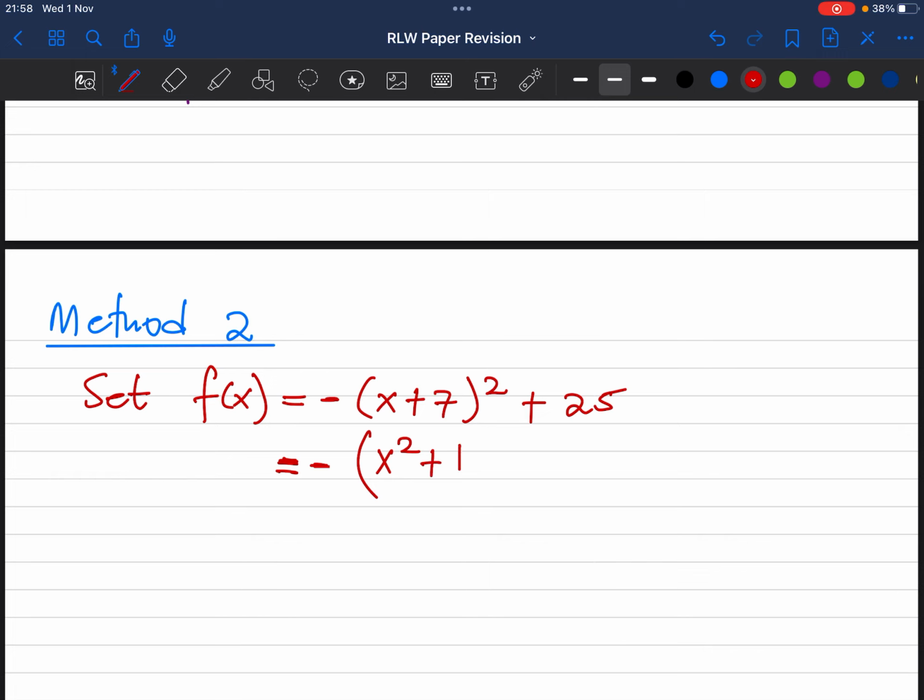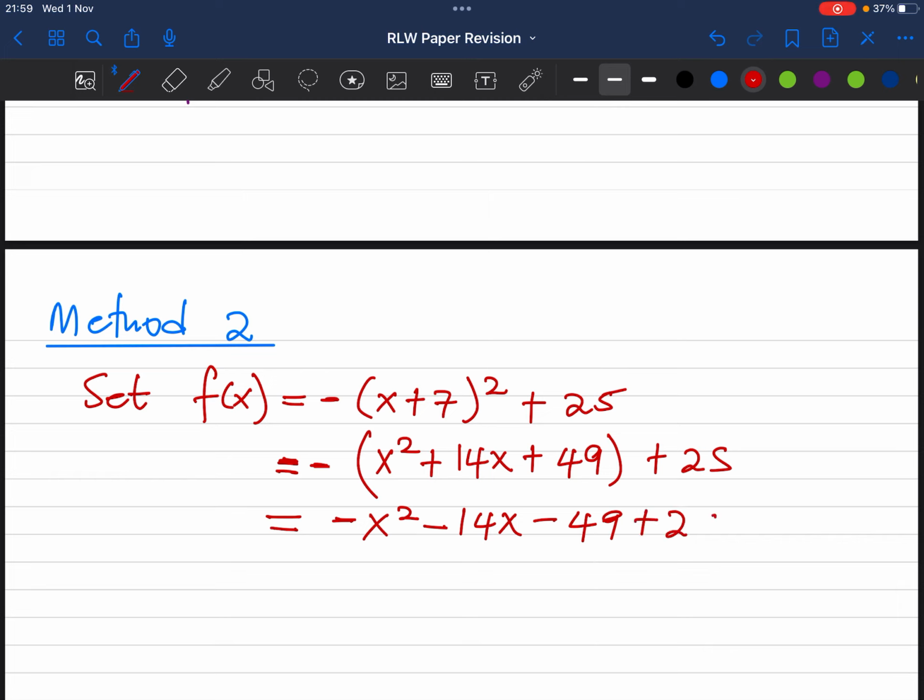That's 14x. Then you square the last term, which is 7 squared, which is 49, then plus 25 there. If we proceed, we will distribute this negative. We will have negative x squared minus 14x minus 49 plus 25.